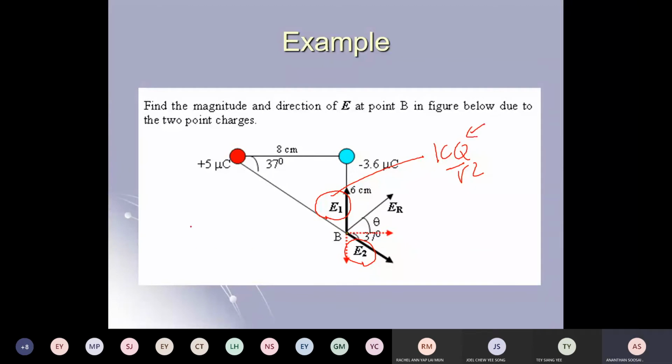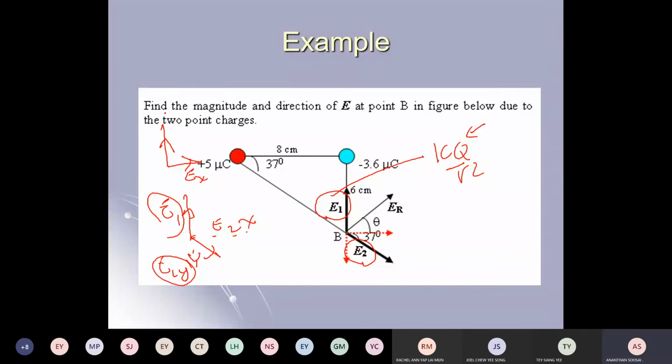Then next, what must be in your mind? E1 is up and E2, which is diagonal, has to be broken into its components, E2Y component and E2X component. Then E2Y and E1 need to be subtracted so that you get a single EY value, and EX is already there, so we get the net.